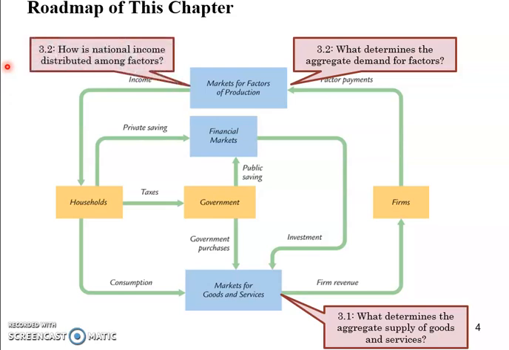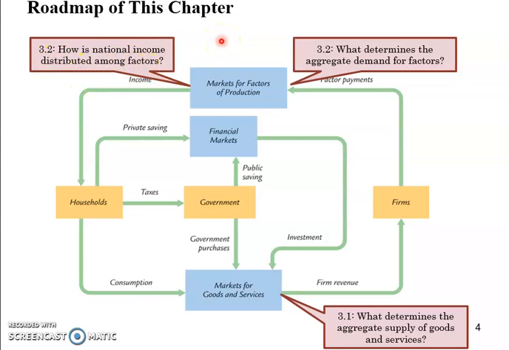Once we know that, we can talk about the national income distributed among the factors, especially the income distribution between the capital owners and workers. It's still going to be in the second section of this chapter.